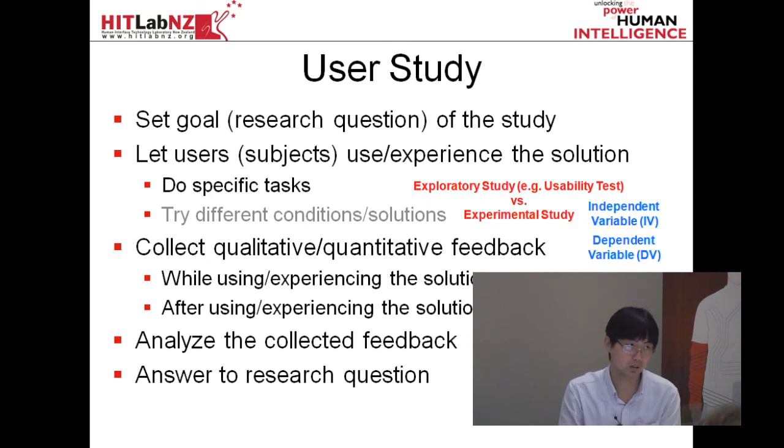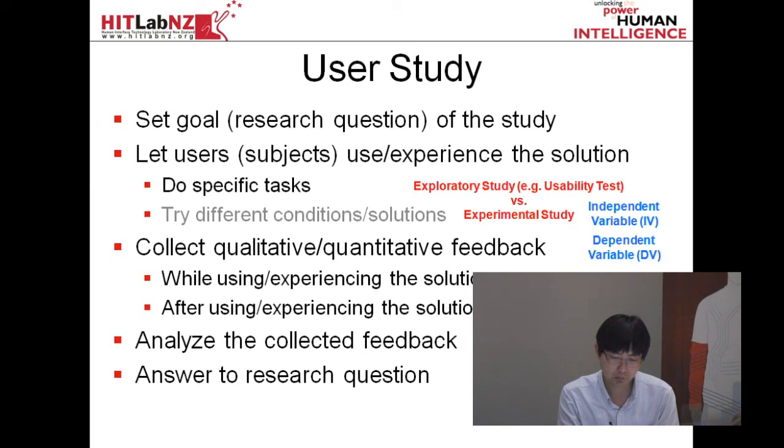That could be a state-of-the-art interface that is widely used compared to your newly proposed interface. An experimental study usually compares two or more alternatives to see if there's any difference, especially a statistically significant difference between the conditions, so that you can say the one you've proposed is better than what is widely used these days.